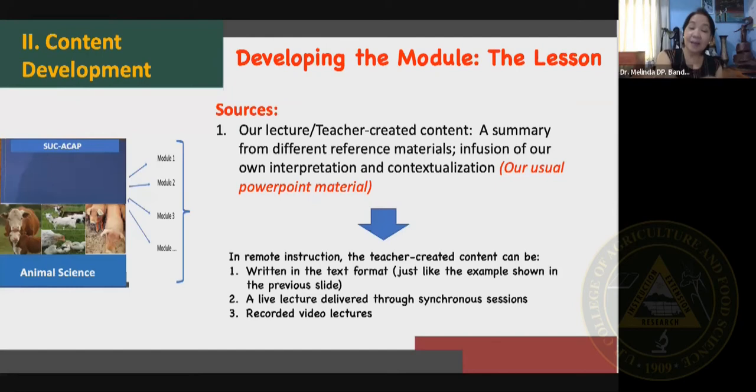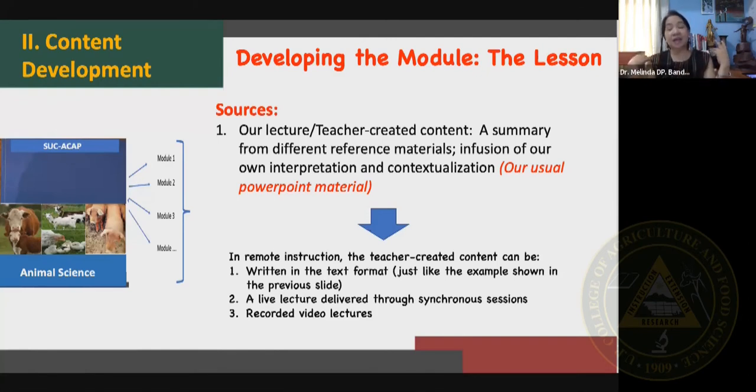So just like the example that I have shown in the previous slide, kinuha ko sa isang reference, inilagay ko doon, because this is their should know information as related to the learning outcome for that particular lesson. Or it can be a live lecture which we can deliver through the synchronous session. Yun yung konteksto natin ngayon, no?